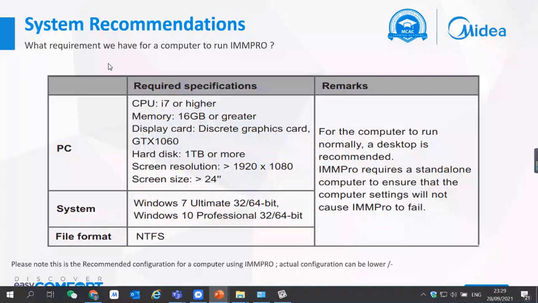In that scenario, you need this kind of computer. But if your system is relatively small, then simple computers will also work. Even my computer is an i5, and it works very easily with Immpro. So don't get confused by this requirement.